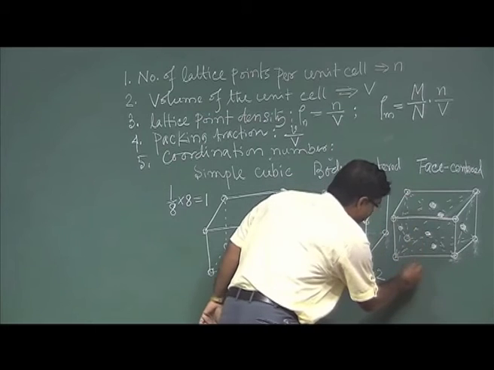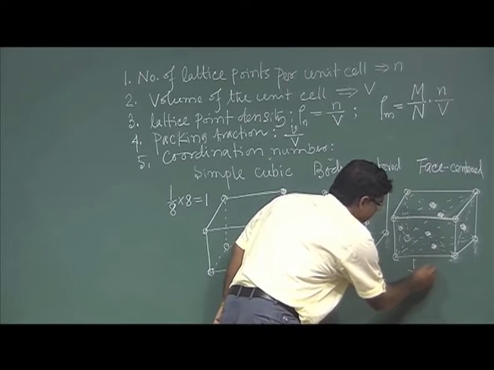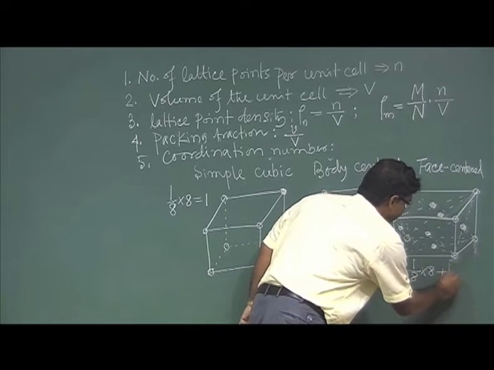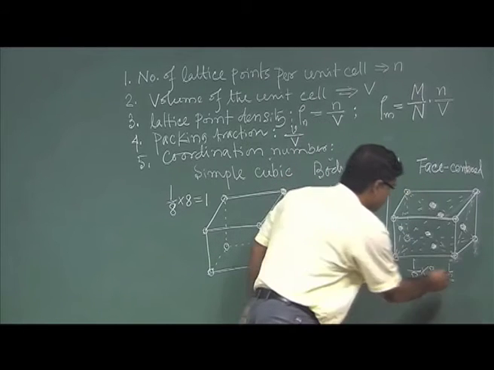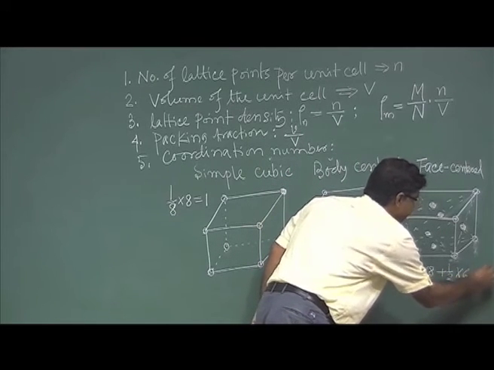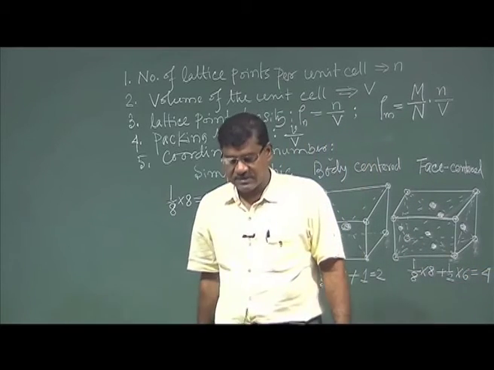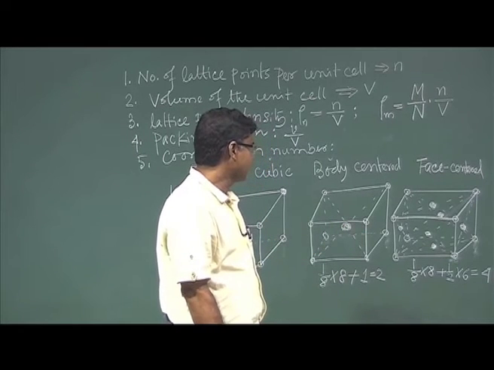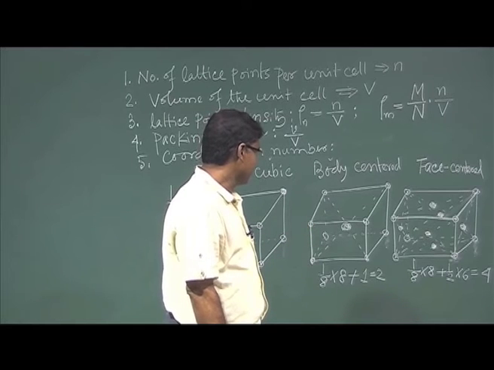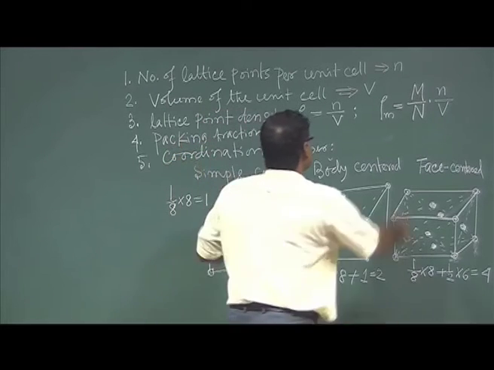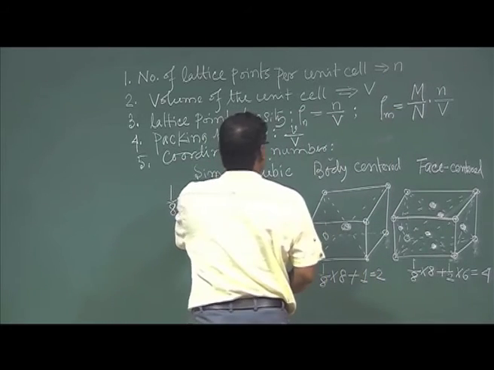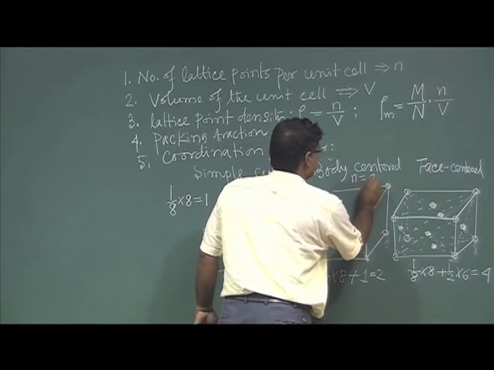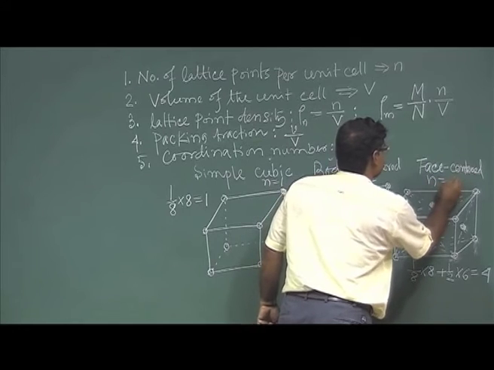Here basically we are getting 1/8 into 8 from the corner, plus half from each face into 6 faces, equal to 4. So, in face centered cubic we have 4 lattice points per unit cell. So, for simple cubic n equals 1, for body centered n equals 2, and for face centered n equals 4.